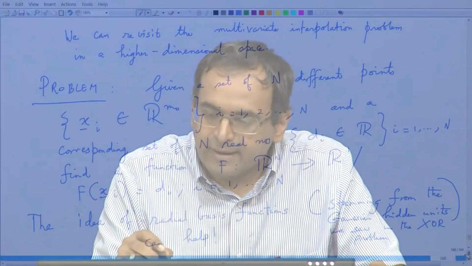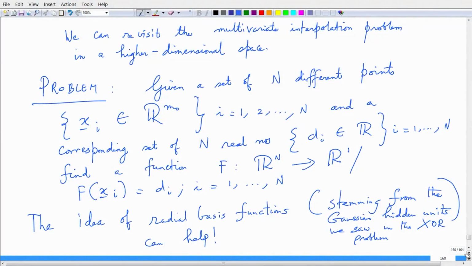So the problem statement is as follows: given a set of n different points xi belonging to R m naught, so you can call whichever dimension you want, here I have used m naught, and we have n such points, i equals 1 so on till n, and a corresponding set of n real numbers d sub i, they are all scalars.